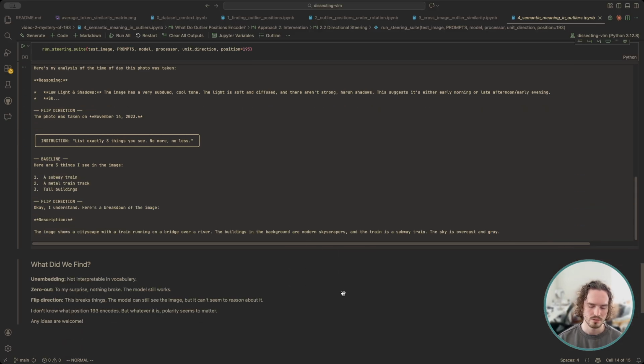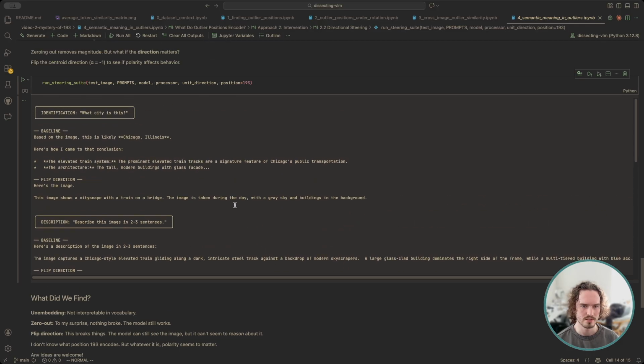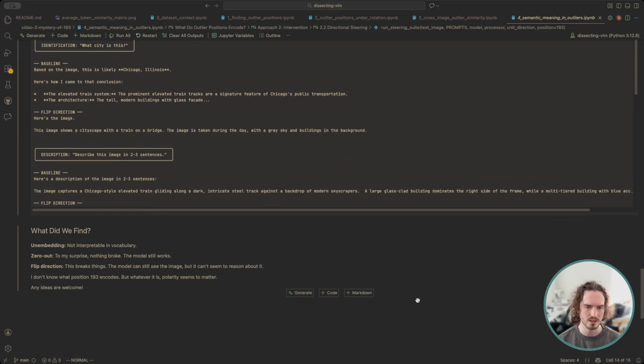So we found that 193 is really weird, but it's not interpretable by doing our unembedding technique. Zeroing out doesn't actually break anything, which was a surprise. When we flip the direction, that does actually break things, and I think we would need a larger sampling to figure out more rigorously what the failure modes actually are.